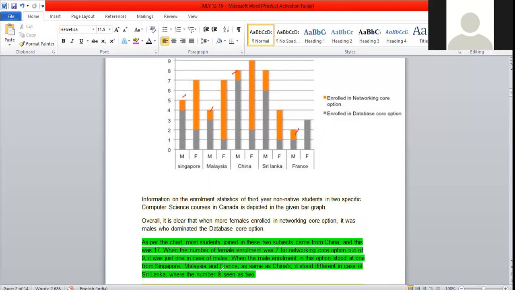It was different in case of Sri Lanka, where they got 2 enrollments there.